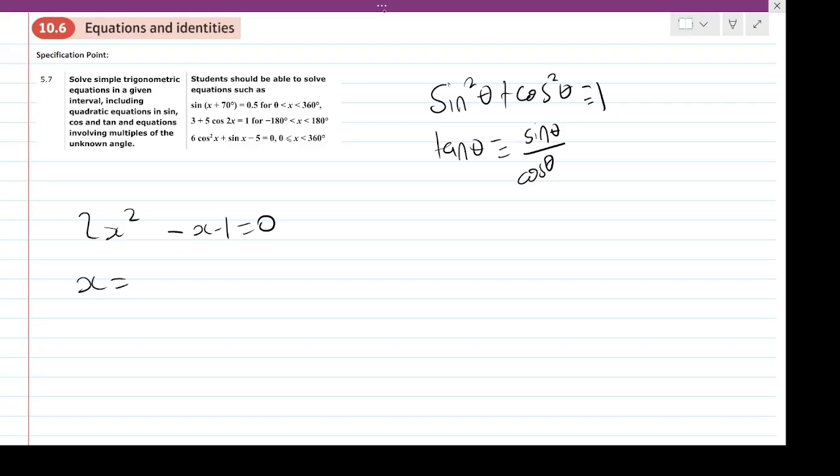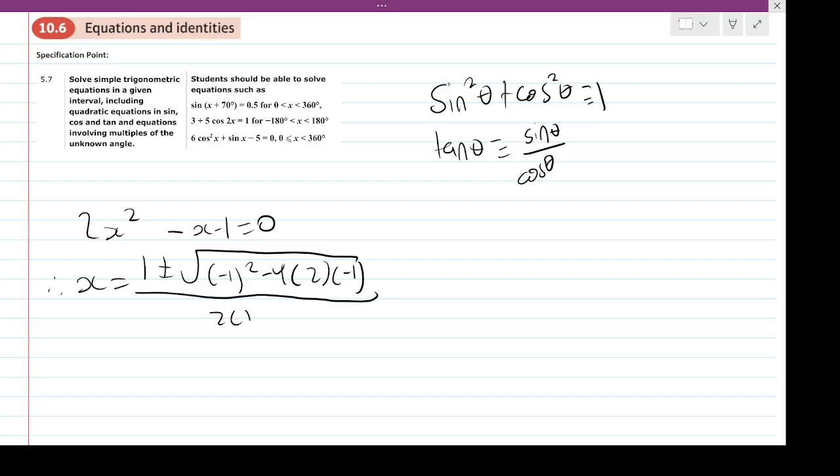So I could just say that the two roots would be minus b, which would be the coefficient there, so minus of minus 1 is plus 1, plus or minus the square root of b squared, so that'd be minus 1 all squared, minus 4 lots of 2 lots of minus 1, over 2 lots of 2.